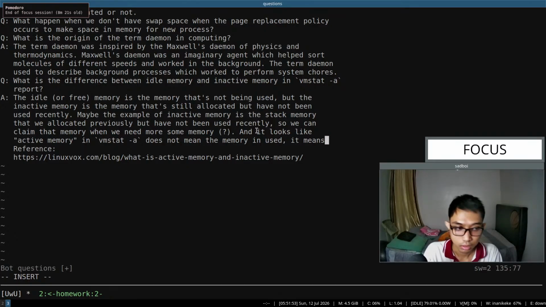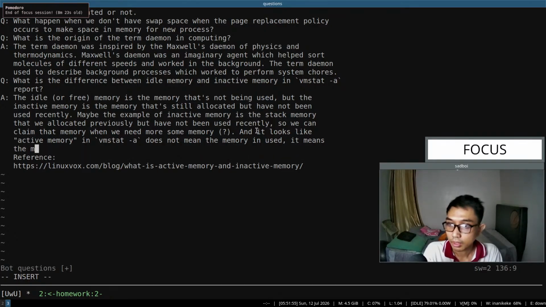It means the memory is recently accessed.